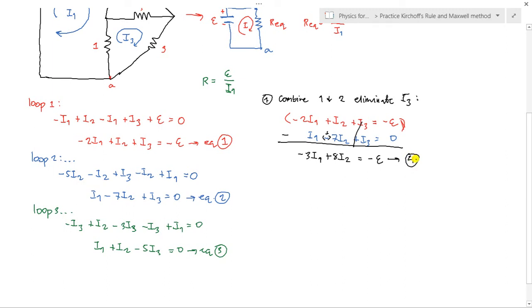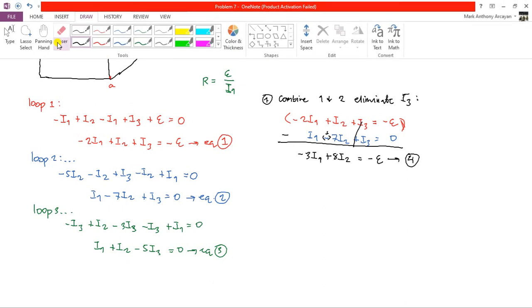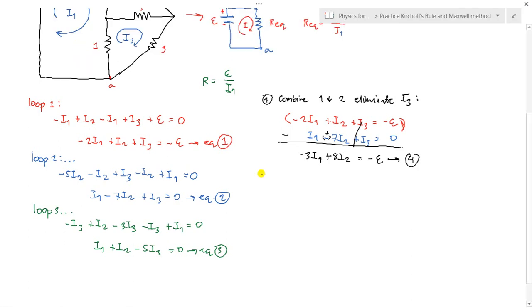Next, we will also eliminate I3 from equations 1 and 3 so that we have two equations in terms of I1 and I2. And in that case, we combine them again to eliminate I2, so that only I1 remains. So the second combination, combine equations 1 and 3 and eliminate I3 again.